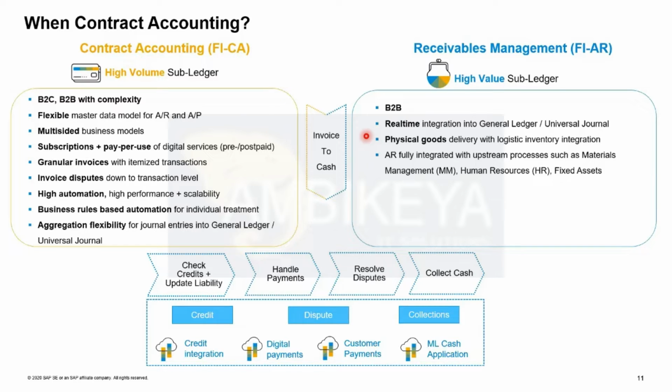Otherwise, our aggregation capabilities will disappear, in contrast to FIER, where we have the real-time posting. As soon as, for example, an invoice is issued, it's directly posted into general ledger. We have a transfer because we want to aggregate. But as I said, we are working on capabilities more and more flexible to dissolve this aggregation.